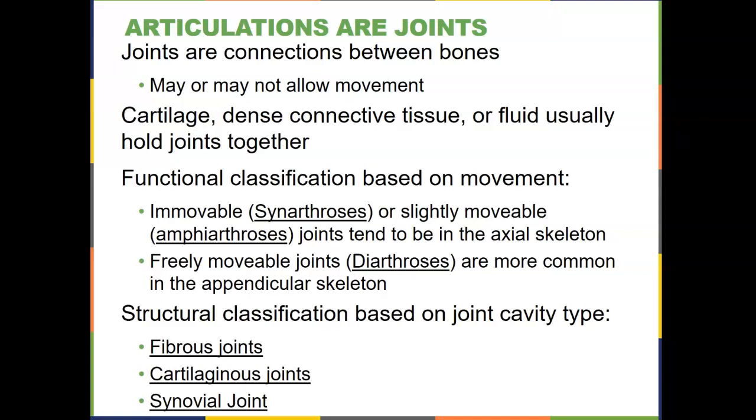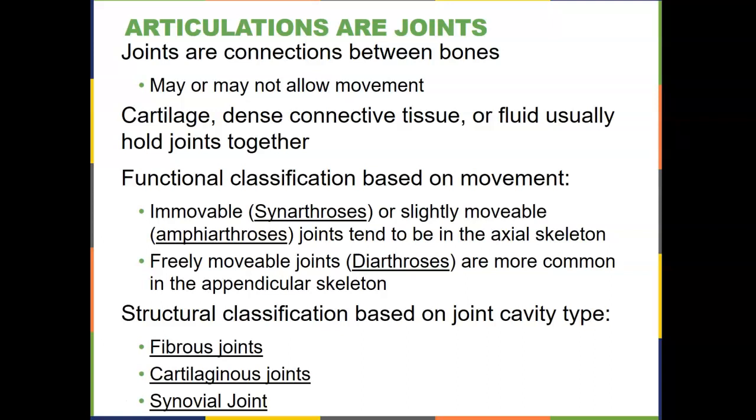We have the immovable joints, the synarthritic joints, and the slightly movable joints, amphiarthritic or amphiarthrosis joints. These are typically a part of the axial skeleton. And remember, what is axial? Axial is the axis, as opposed to the appendicular skeleton. Amphiarthritic joints are things you see in the core of the body.